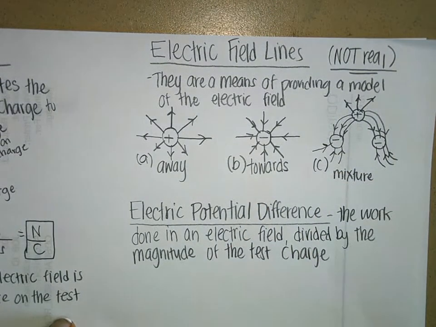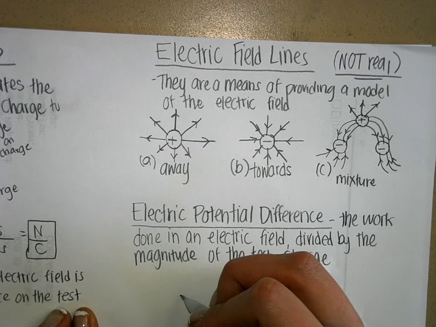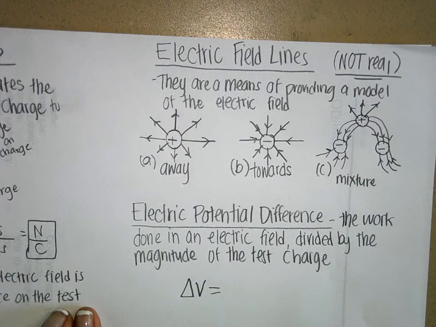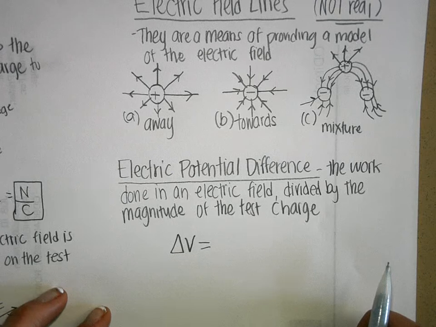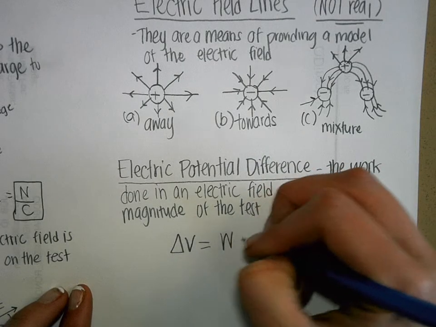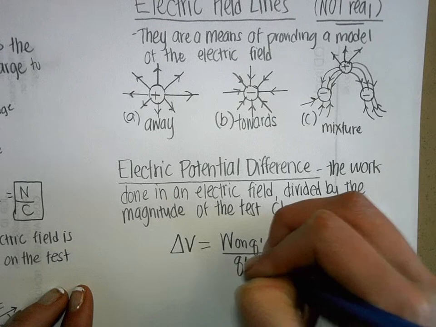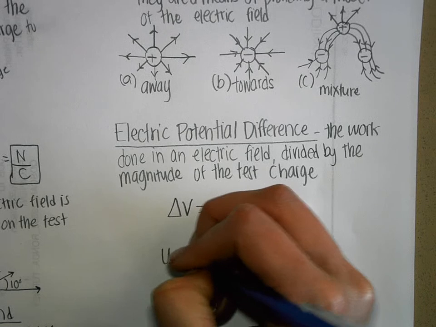So here's an equation that you can use to find electric potential difference. It's delta V. I don't know why they chose V. It just stands for electric potential difference. It is equal to the work on the test charge divided by the charge. So the units, we're having a new unit now.